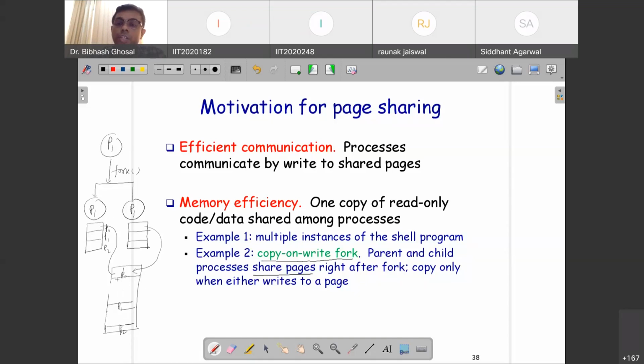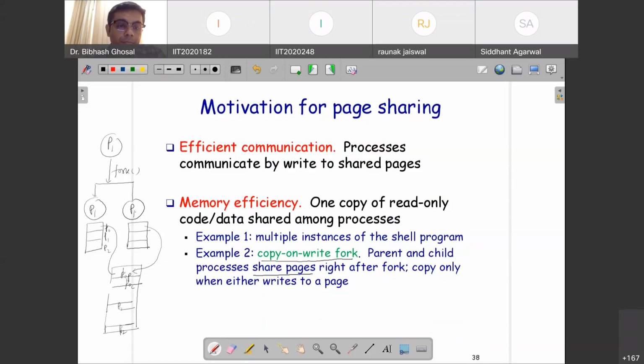Only you make changes if you have written to a particular page. If P1, the parent, writes to this and the child doesn't want to write, then maybe you need 2 copies, one for the child, one for the parent.